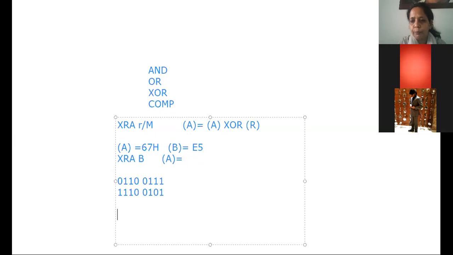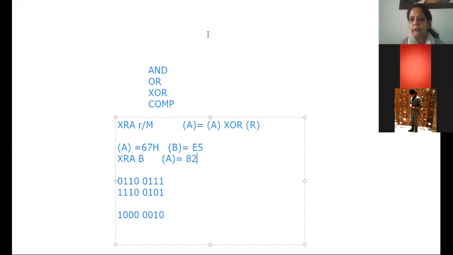So 0, 1 output will be 1, 1, 1 output will be 0, and so on. So what is the output in the accumulator now? It is 82. All the numbers are assumed to be in hexadecimal.